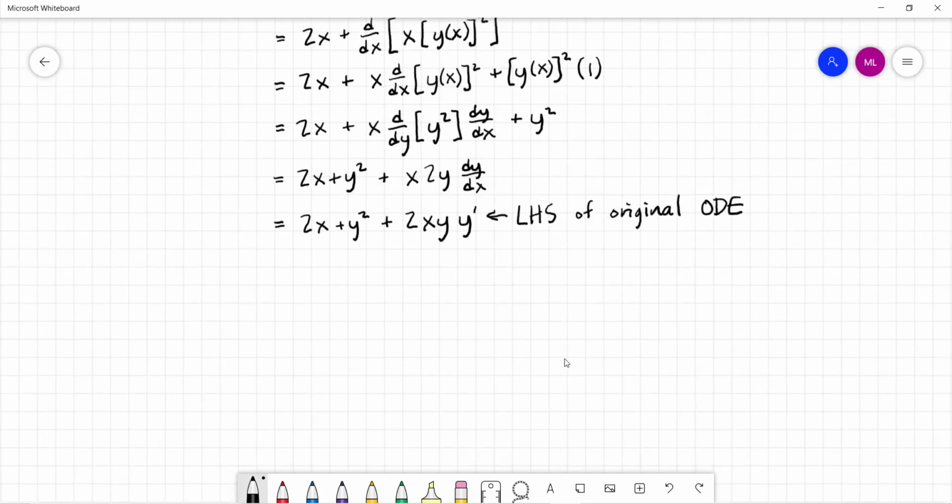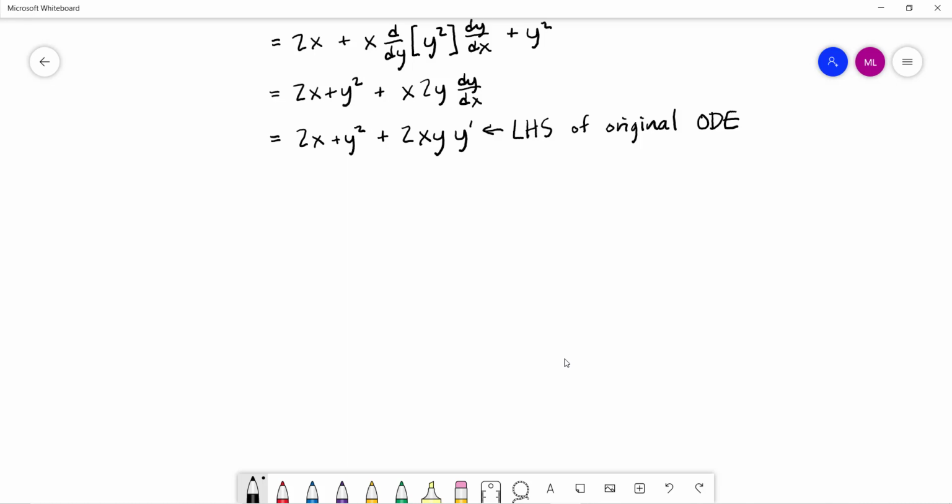And so let's just rewrite that to remind ourselves what we're looking at. So we want to solve the following. 2x plus y squared plus 2xy times y prime equals 0.